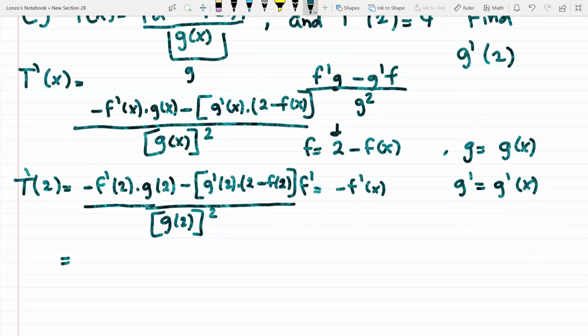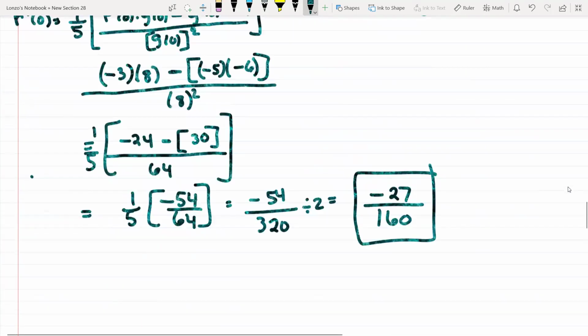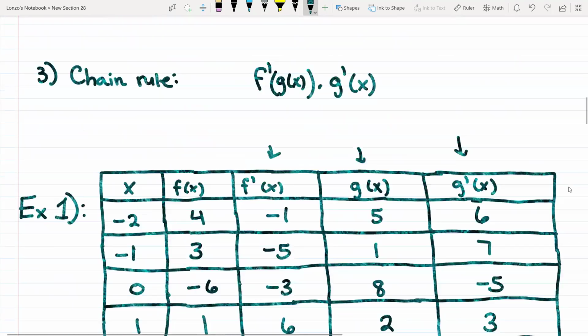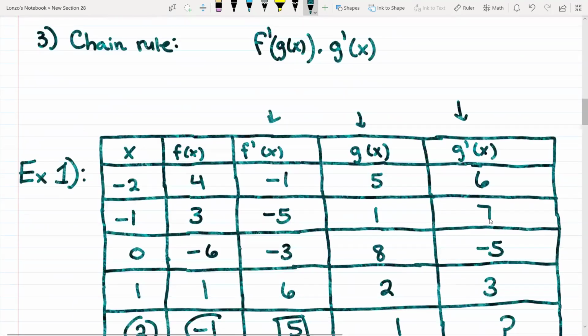So f prime of 2, if you look at your chart, gives you 5. G of 2, if you look at your chart, should give you 1. And then you still have this minus bracket g prime of 2. If you look at your chart, it should give you, I'm not sure. Let's look at the chart. G prime of 2 is in the g prime column of positive 2.